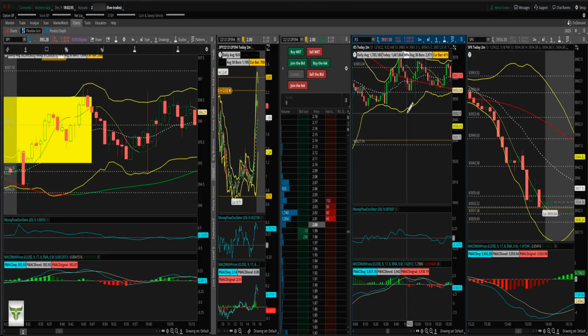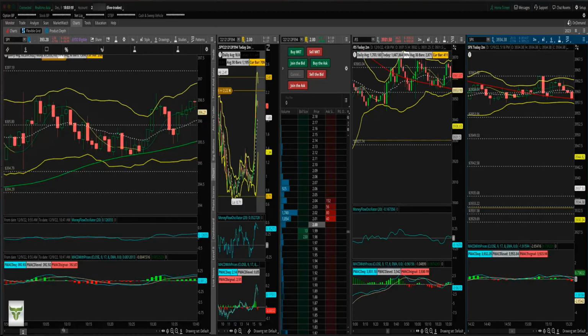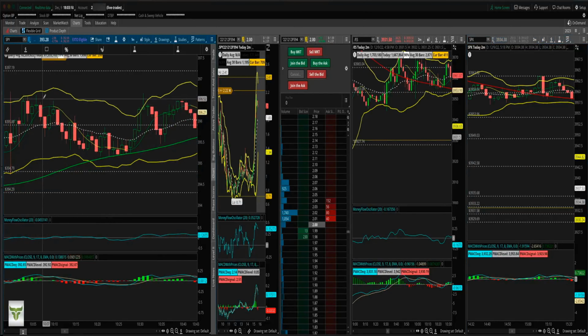Right there on that candle, and that ripped, right? So now I find myself in a bit of a position where, what do I do now? Well, I got to hold the position. Right? Got to hold, got to hold.